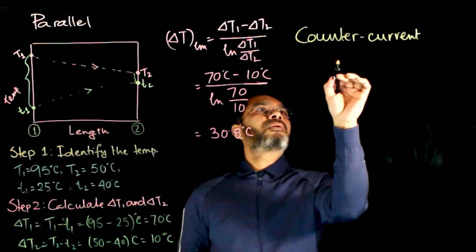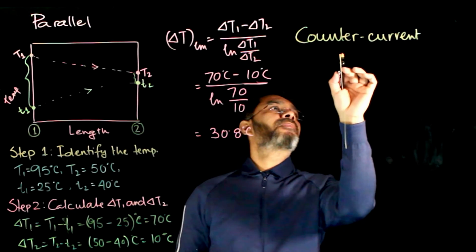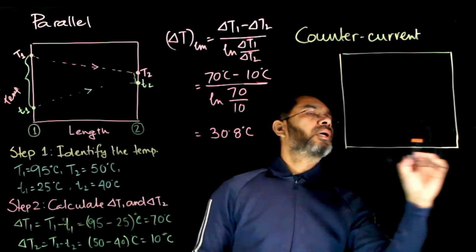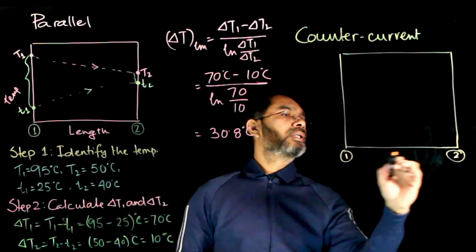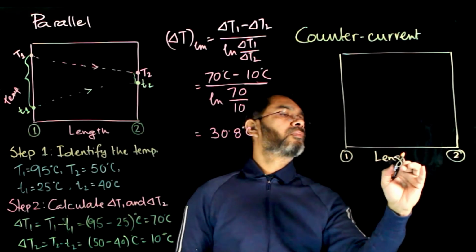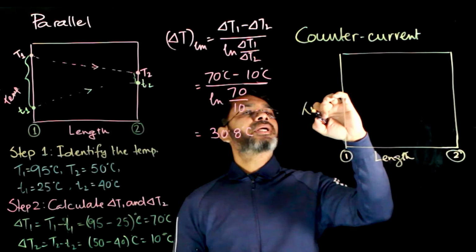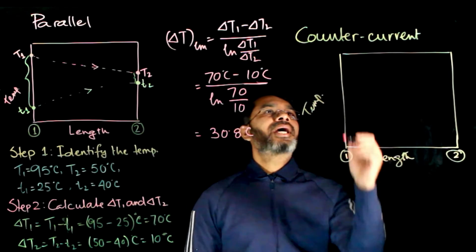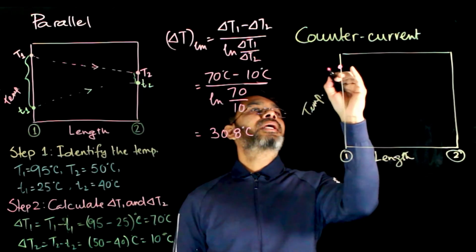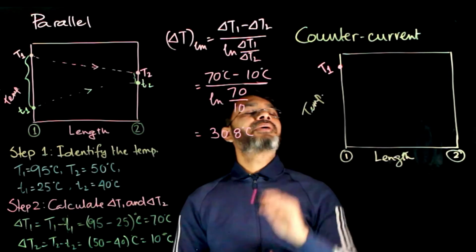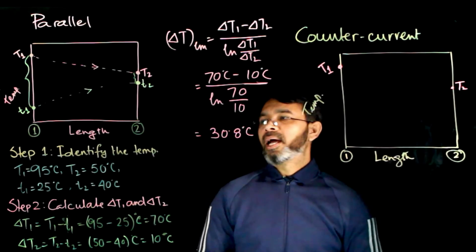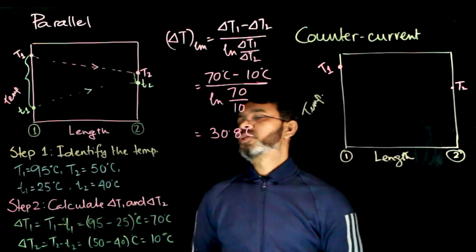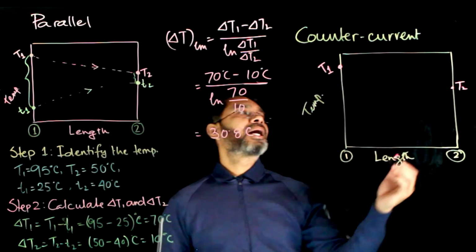For countercurrent flow, if you draw the diagram, again these are end 1 and end 2, this is the length of the heat exchanger, and that's our temperature. Again, we maintain the notation that 1 is the inlet for the hot stream, so the outlet will be here, T2. Now it is countercurrent flow, so the cold stream should come from the other side.